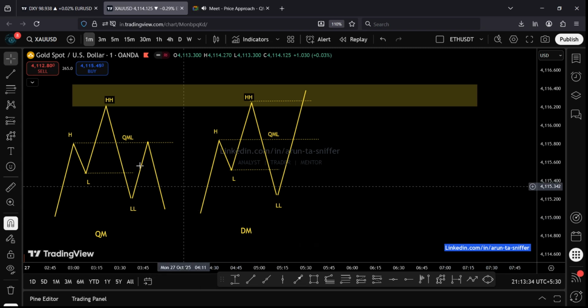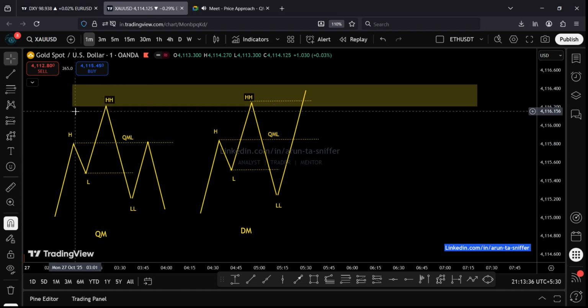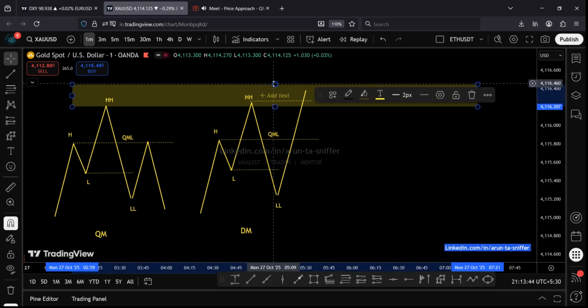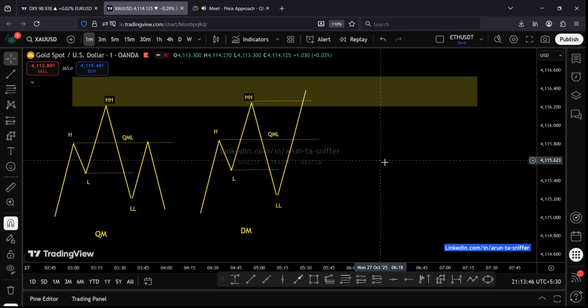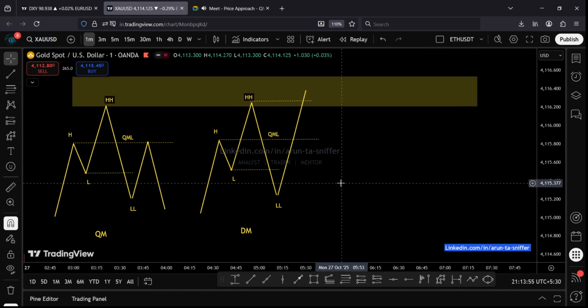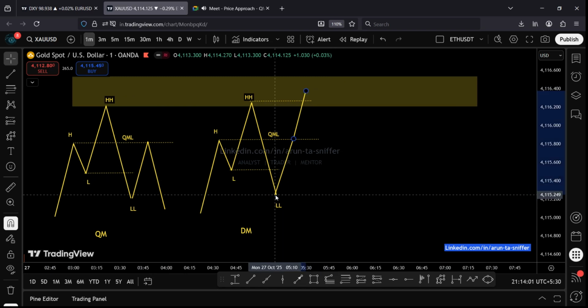So usually if you look at this zone, what can you guess here? Usually our QM's head is at the RS level. In every zone, as you guys know, we have RS and MPL. RS is on the lower side and MPL is on the upper side. Normally price doesn't reach MPL, so price will go back again.